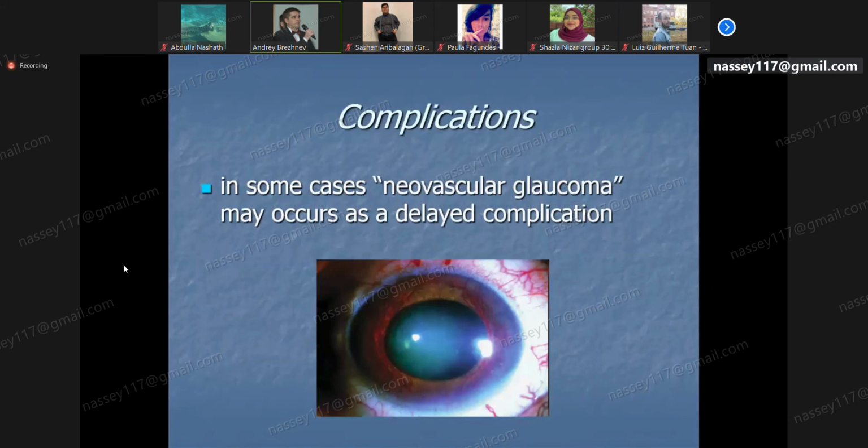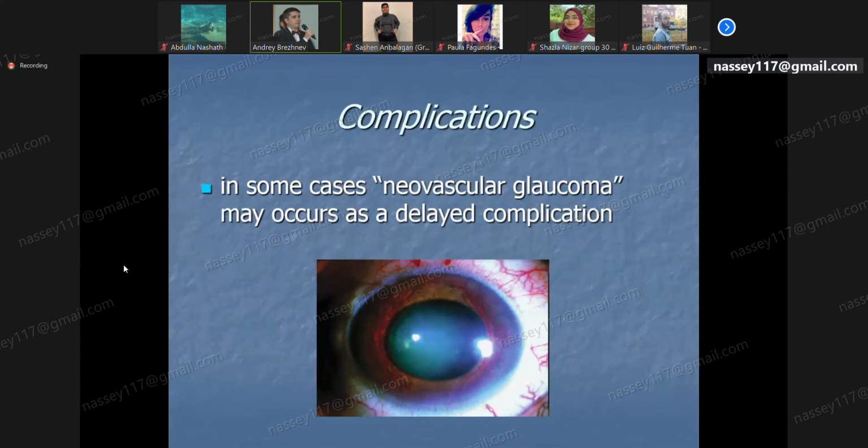The main complication of this condition is neovascular glaucoma, which may occur as a delayed complication after several months or even years after the acute central retinal artery occlusion.